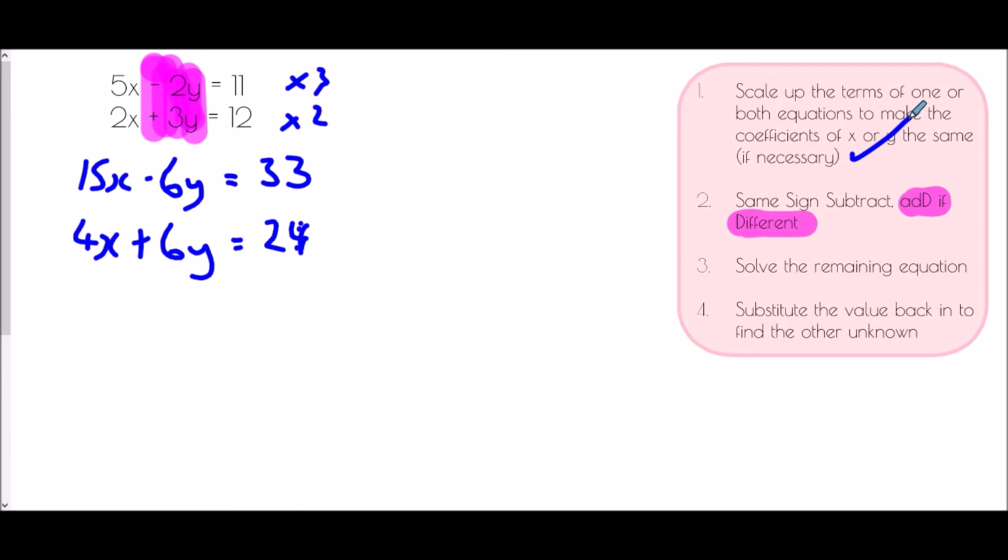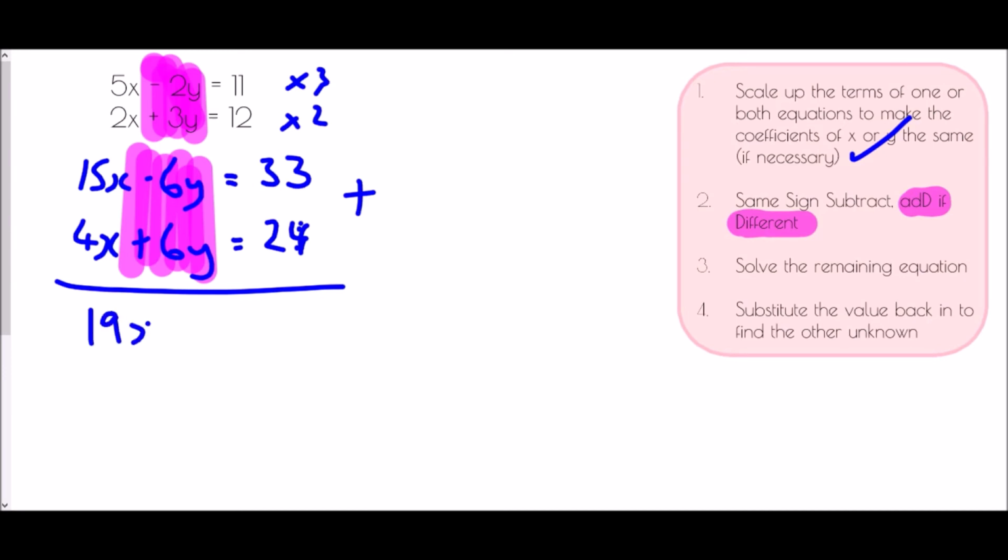We have matched our coefficients of y, and we are now looking at step 2, same sign, subtract or add if different. Well, we made sure it was an add, so let's do that. So 15x plus 4x is 19x, and the negative 6y plus the 6y have eliminated. 33 plus 24 is 57.